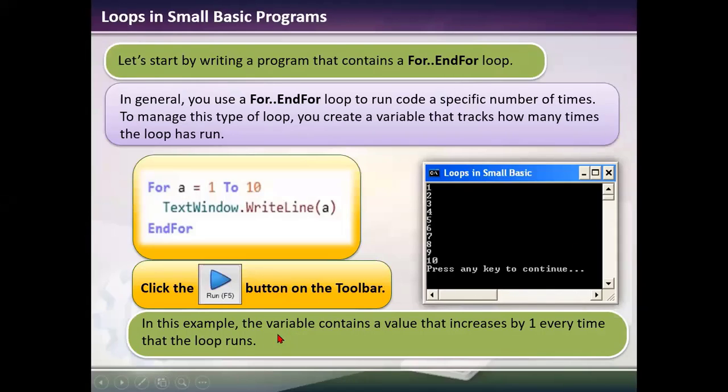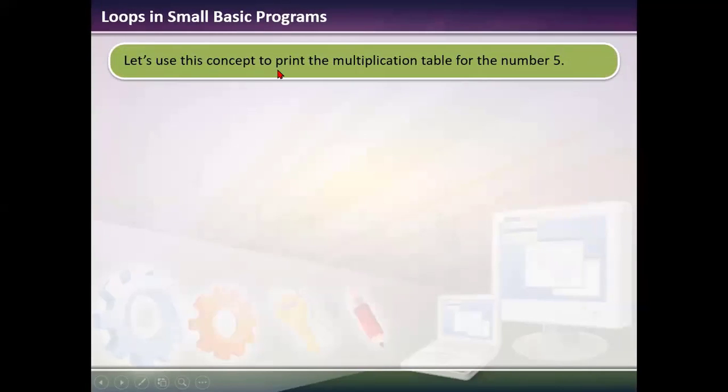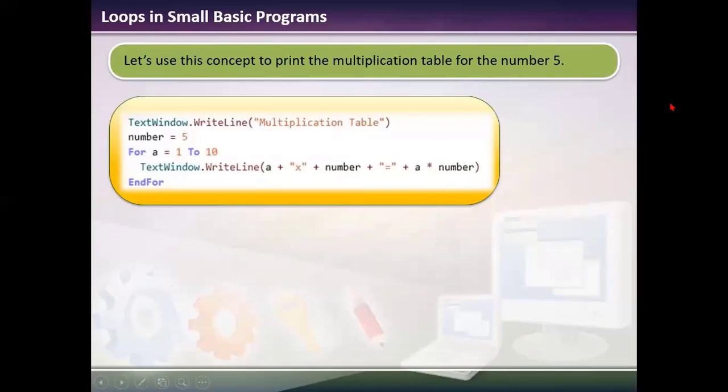So in this way, for example, the variable contains a value that increases by 1 every time the loop runs. So here, let's use this concept to print the multiplication table for the number 5. Text window, write line, table number 5.